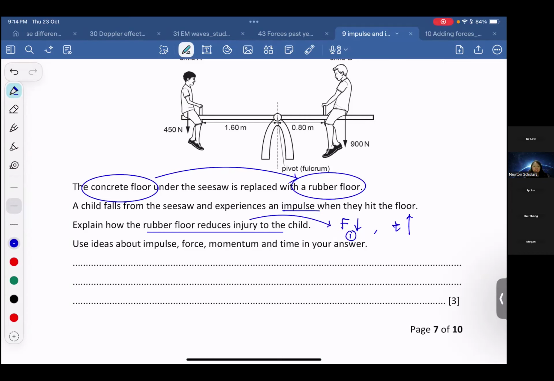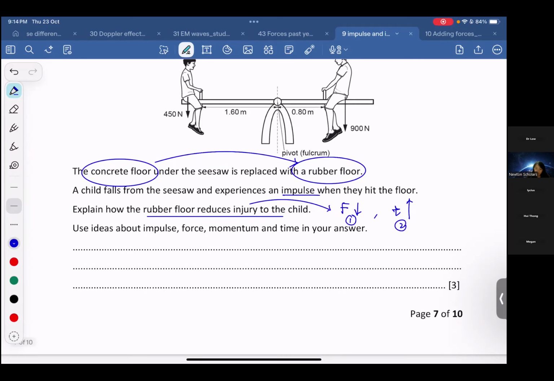So what answer can we give here? We can talk about impulse. Impulse is the change of momentum, mv minus mu. It doesn't involve time.